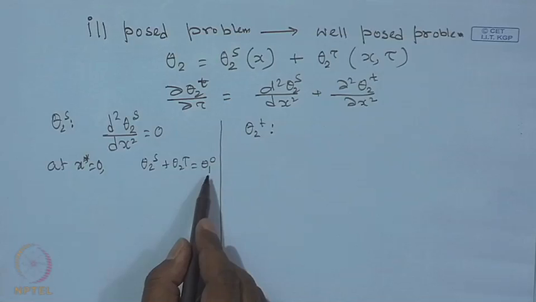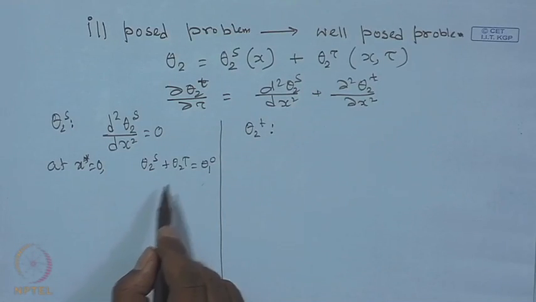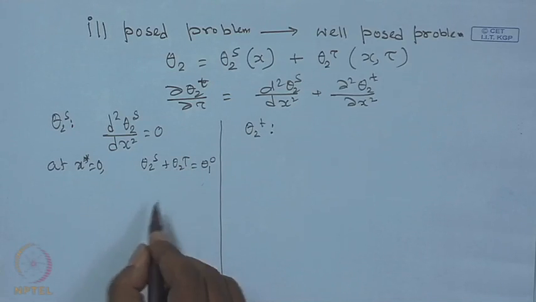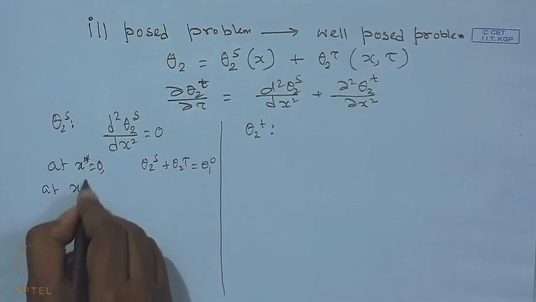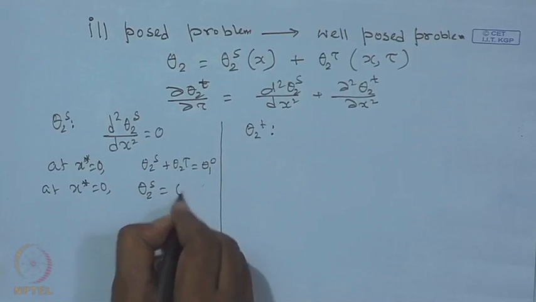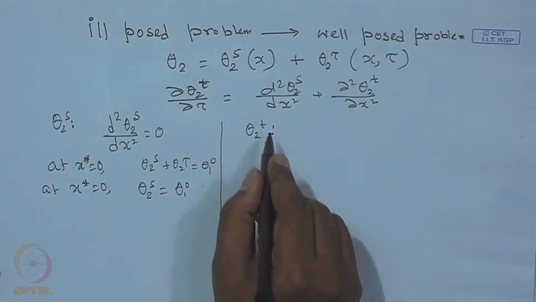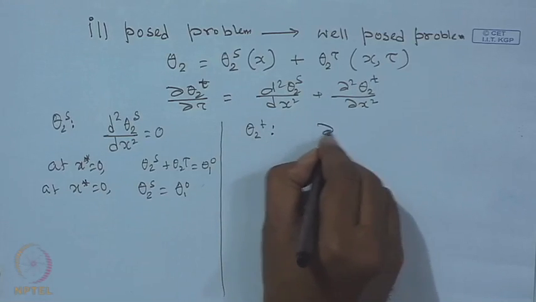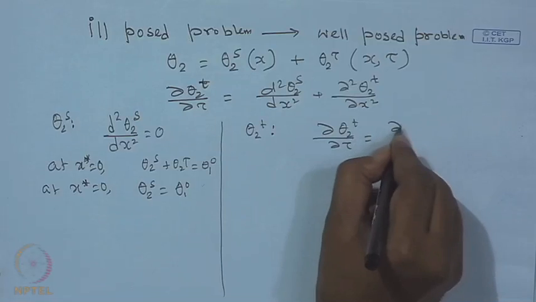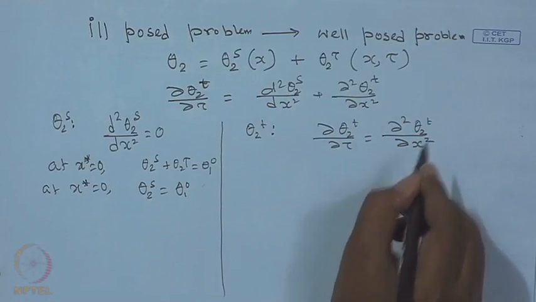So, we associate this non-homogeneous term with the steady state solution to force the boundary condition of theta 2 t to be homogeneous. That means, we put the boundary condition at x star as theta 2 s is equal to theta 1 0. Now, let us put the governing equation of theta 2 t: del theta 2 t del tau is equal to del square theta 2 t del x square.